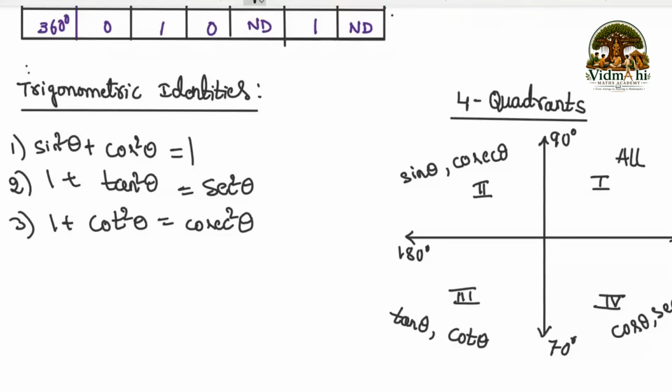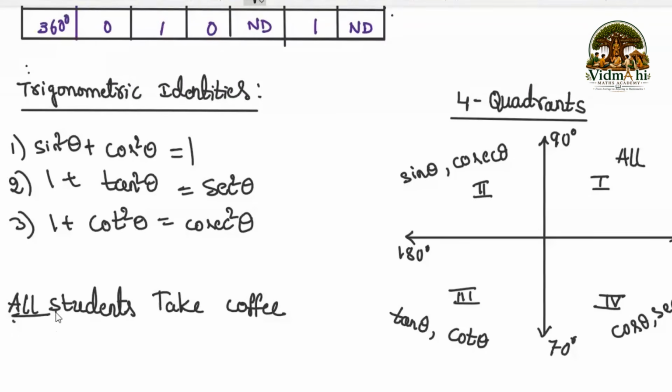Now, how to remember this quadrants concept? There is one simple trick, that is, remember this statement: all students take coffee. All means in the first quadrant all the trigonometric ratios are positive.